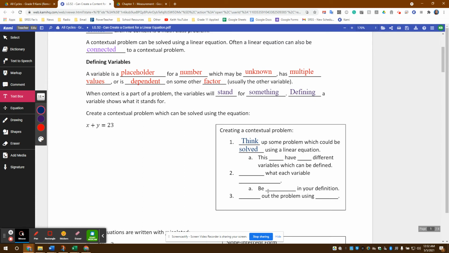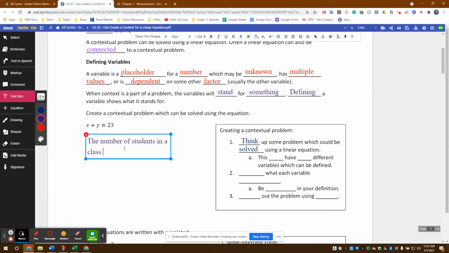In this case, we have two numbers that add to be 23, and so the problem that I'm going to use here is I'm going to say that the number of students in a class is equal to 23.